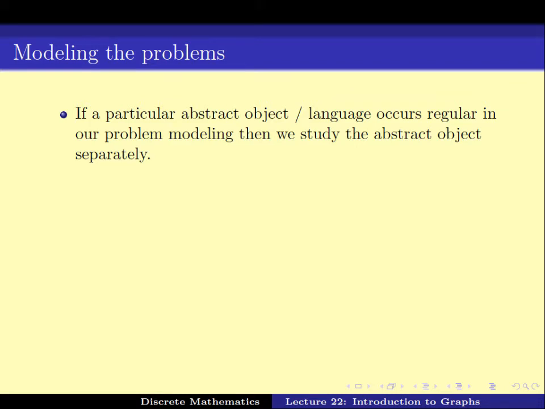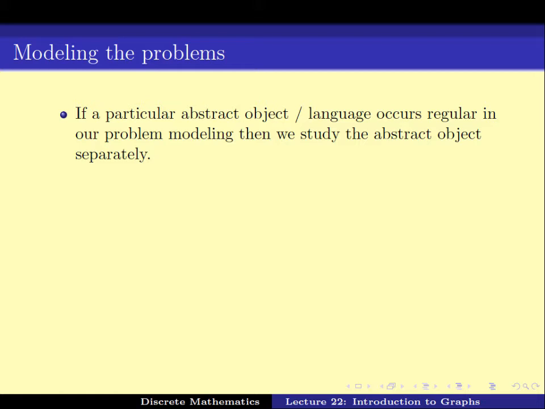Now, if a particular abstract object occurs regularly in our problems, then we would like to study this object separately. For example, if you remember in the case of geometry, we started studying things about circles and lines and angles because they were arising in real life quite a lot of times.